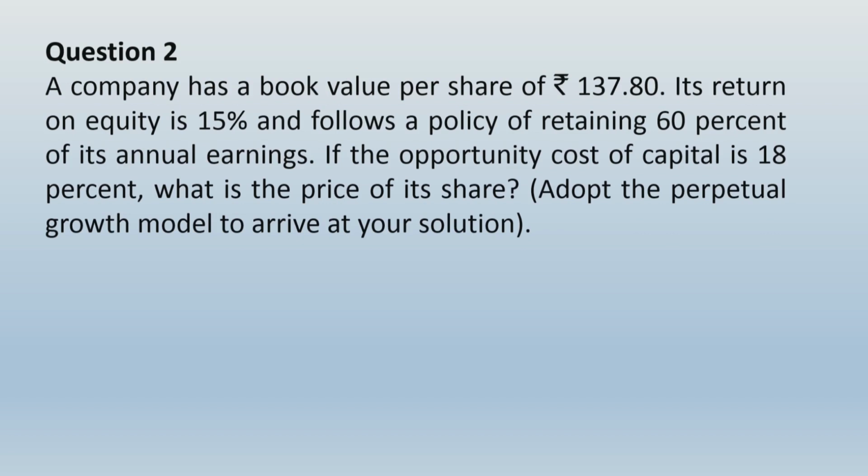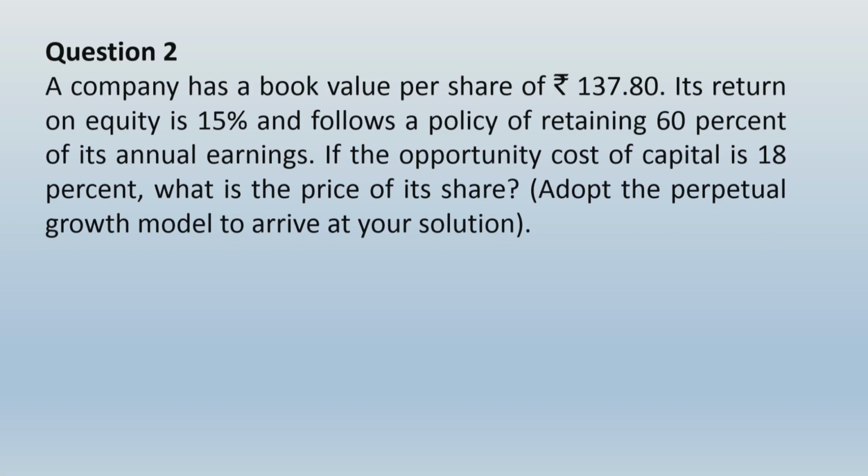If the opportunity cost of capital is 18%, what is the price of its share? Adopt the perpetual growth model to arrive at your solution. Let me remind you that Gordon's model otherwise is also known as perpetual growth model. So keep that into your notice. Perpetual growth model is just another name for Gordon's model.